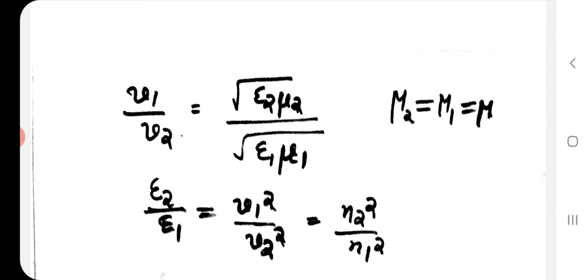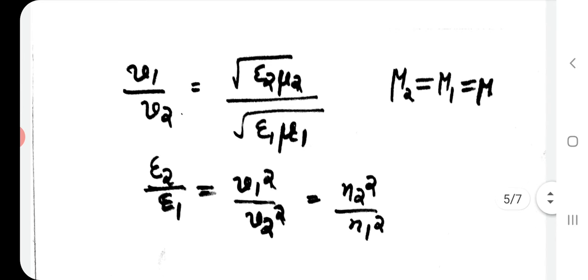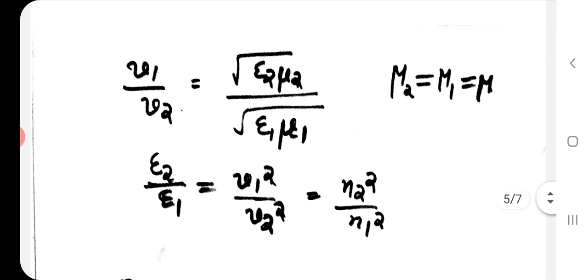And we know mu1 and mu2 are approximately equal to mu 0. The permeability is not much different from the permeability in free space. So these are equal, and we have V1 by V2 equal to root epsilon 2 by epsilon 1, or epsilon 2 by epsilon 1 is V1 square by V2 square.